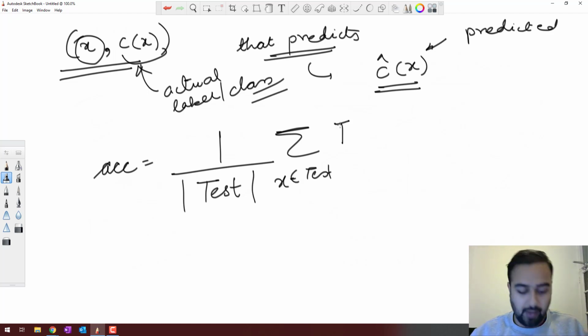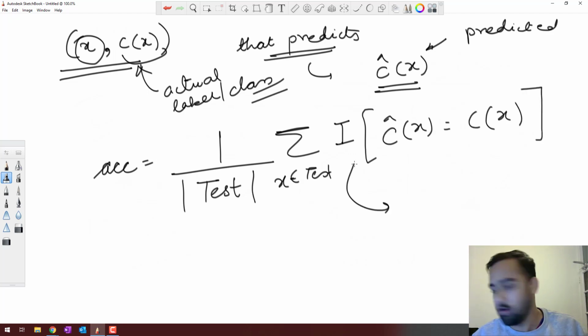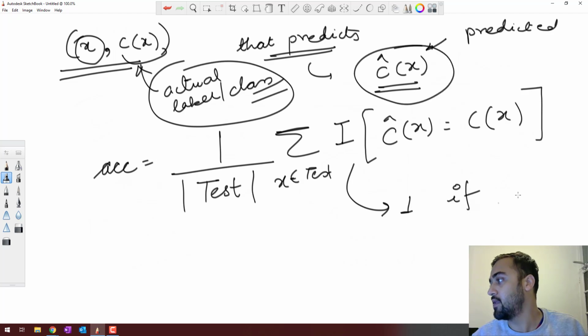Right. We use an indicator function, which outputs 1 if your actual label matches your predicted label, if C hat of X is equal to C of X, and 0 if not.